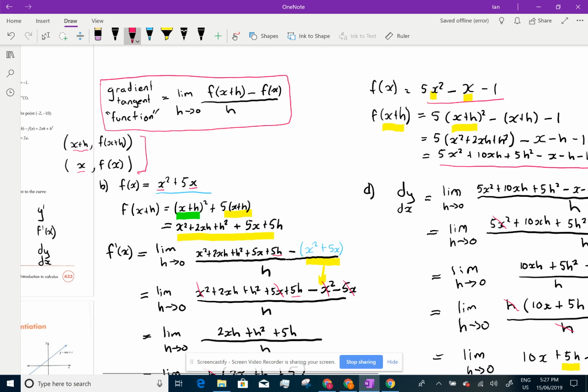Now, because we have one point that's a little bit more than the other, we want them to come together. So as that little bit, that h, gets smaller and smaller and smaller, the 2 points come closer and closer together. And if we find the limit as that little bit approaches 0, we will get the gradient of the tangent.